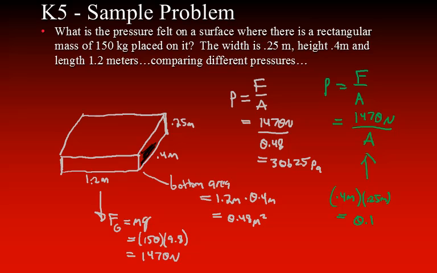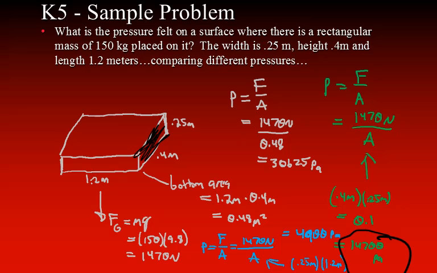I'll shade it in here, this side, if it was resting on this side. Our pressure would be 14,700. And then if we had it on its side with 0.25 and 1.2, so if it was resting on this side, we would have a pressure of 4,900. So if we had it resting on this side, right, which is the smallest area, we would have the most pressure in pascals, Pa for pascals.